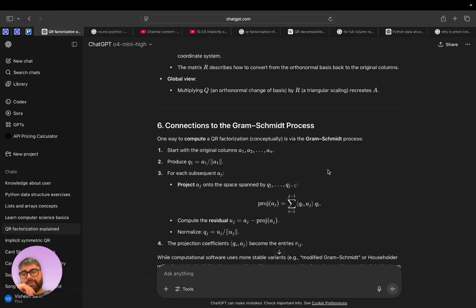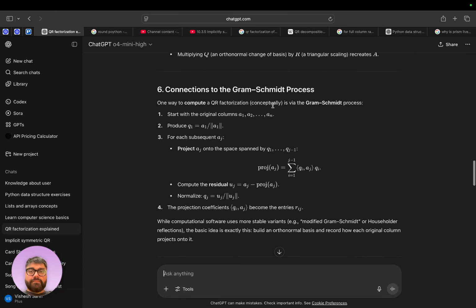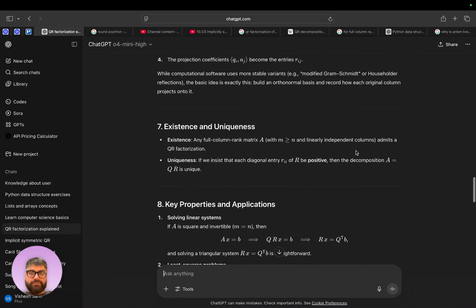It's not the only way, right? So doing the Householder reflections and all that works with a symmetric matrix, but it doesn't always work. Anyways, we're not going to get into what the Gram-Schmidt process is because we've already talked about that.